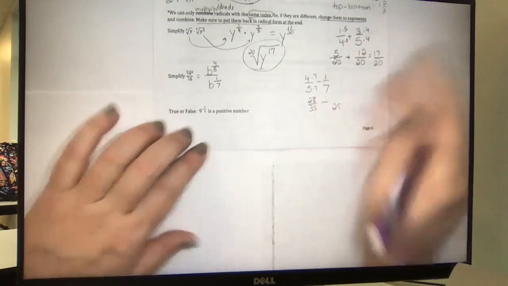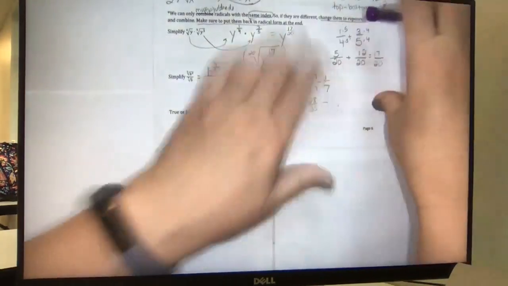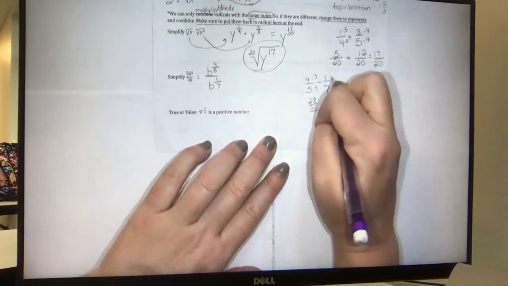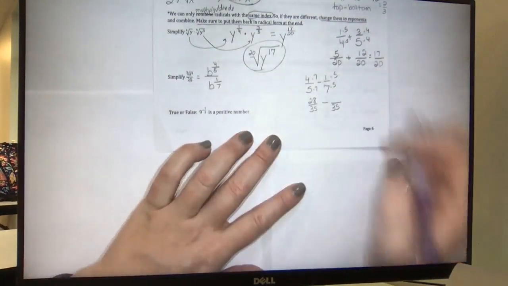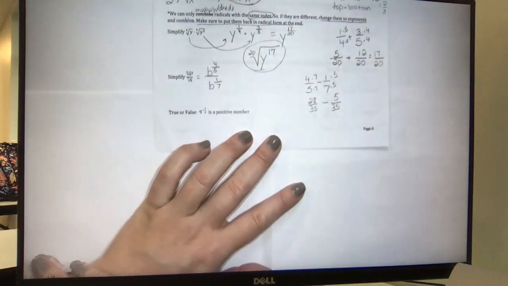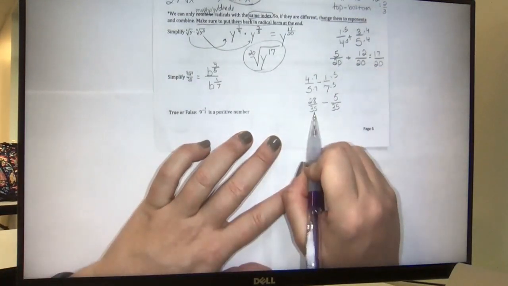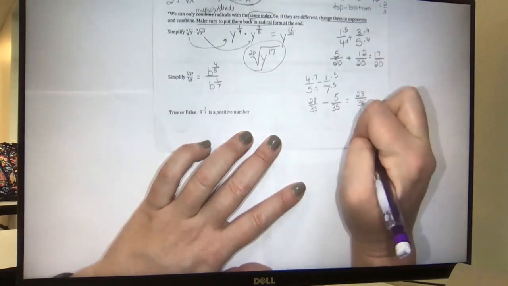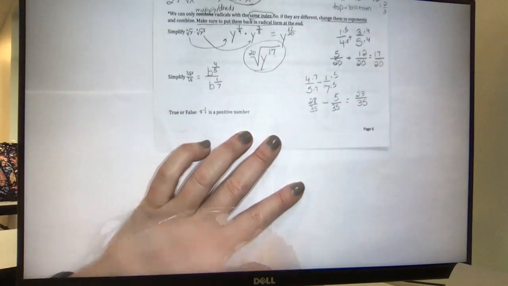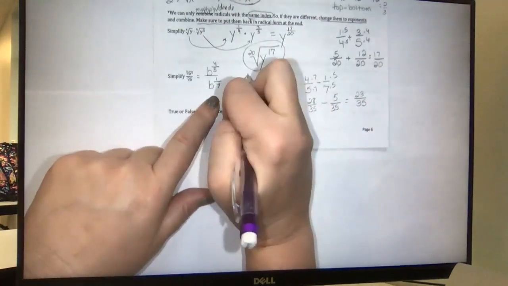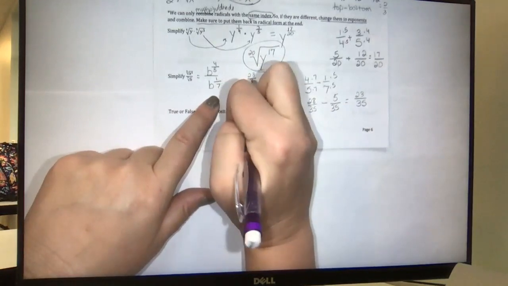For 1/7, to turn into a 35, I need to multiply top and bottom by 5. It gives me 5/35. Now, if I subtract 28/35 minus 5/35, I get 23/35. I can't reduce that. It is what it is. So I come over here and I put it on a B and I'm done.